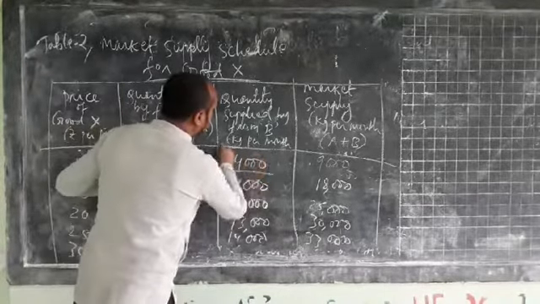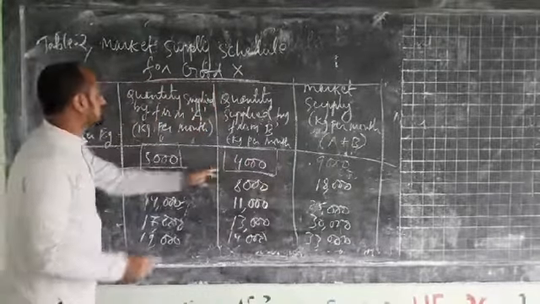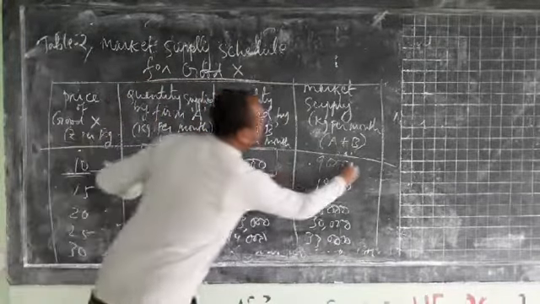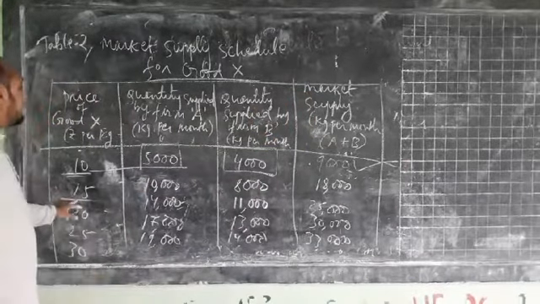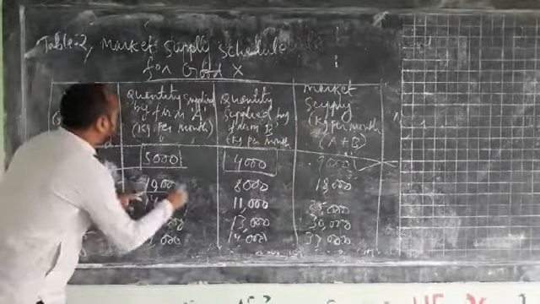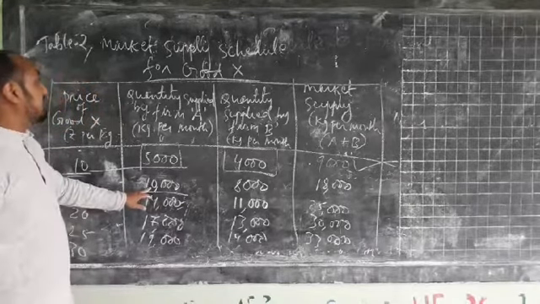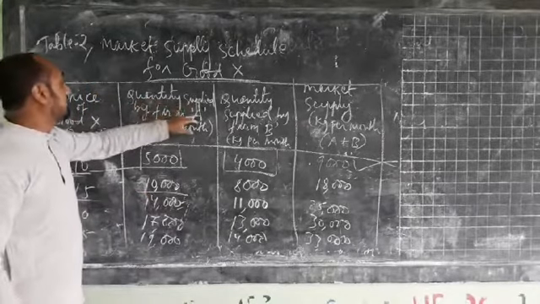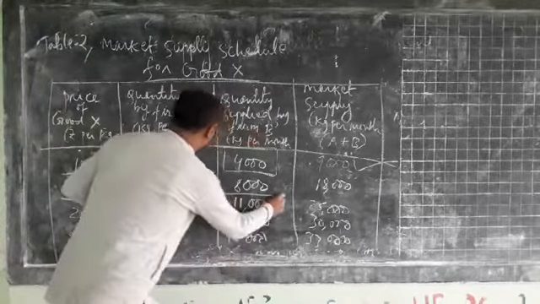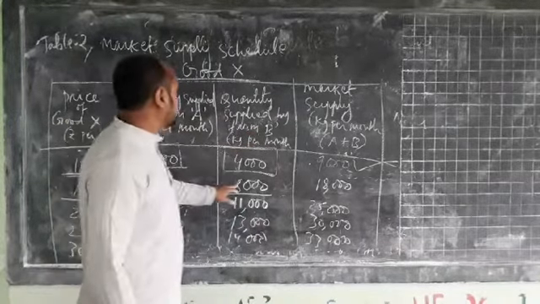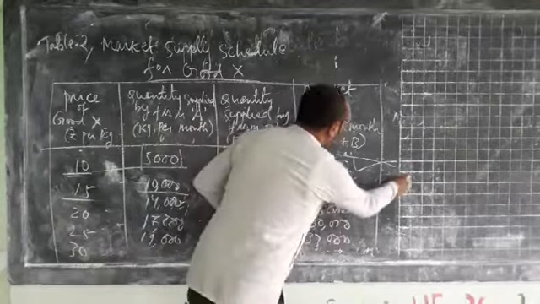the quantity supplied by A is 5,000 and the quantity supplied by firm B is 4,000. So 5,000 plus 4,000 gives 9,000. When the price increases from 10 to 15, the quantity supplied by firm A is 10,000 and the quantity supplied by firm B is 8,000. So 10,000 plus 8,000 is 18,000.